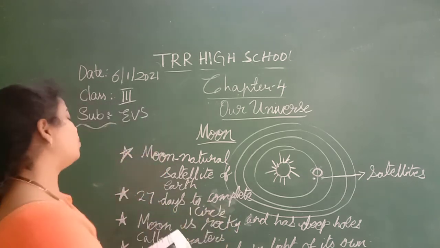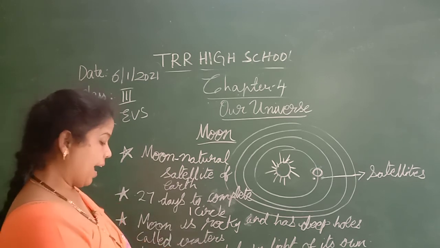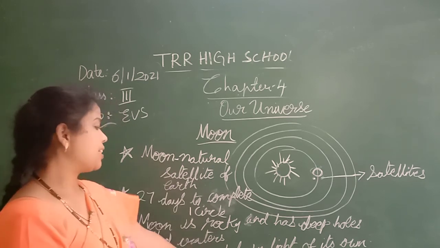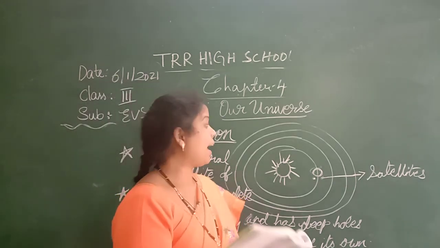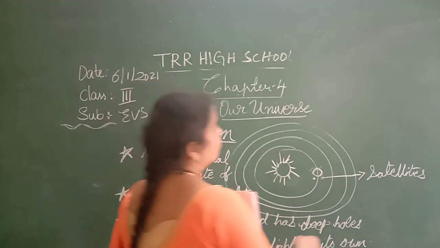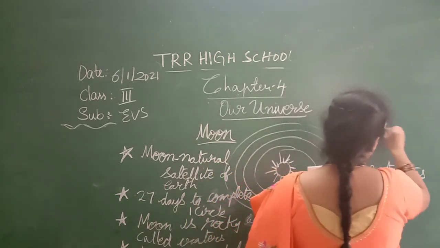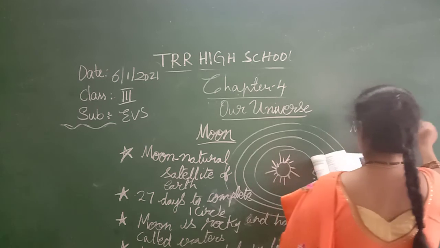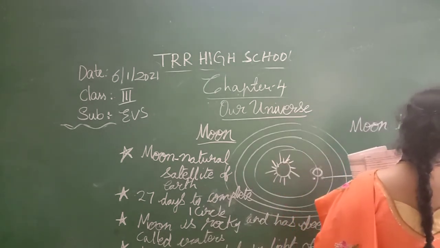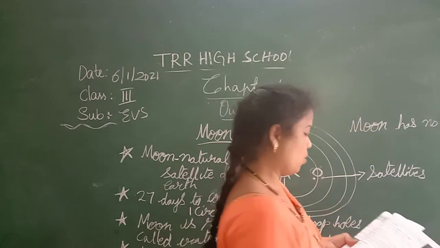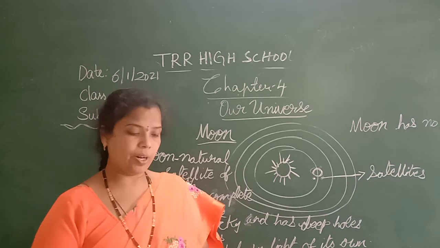The moon is rocky and has deep holes called craters, and the moon does not have light of its own. And one more point is, the moon has no air. These are some of the points which you have to remember.